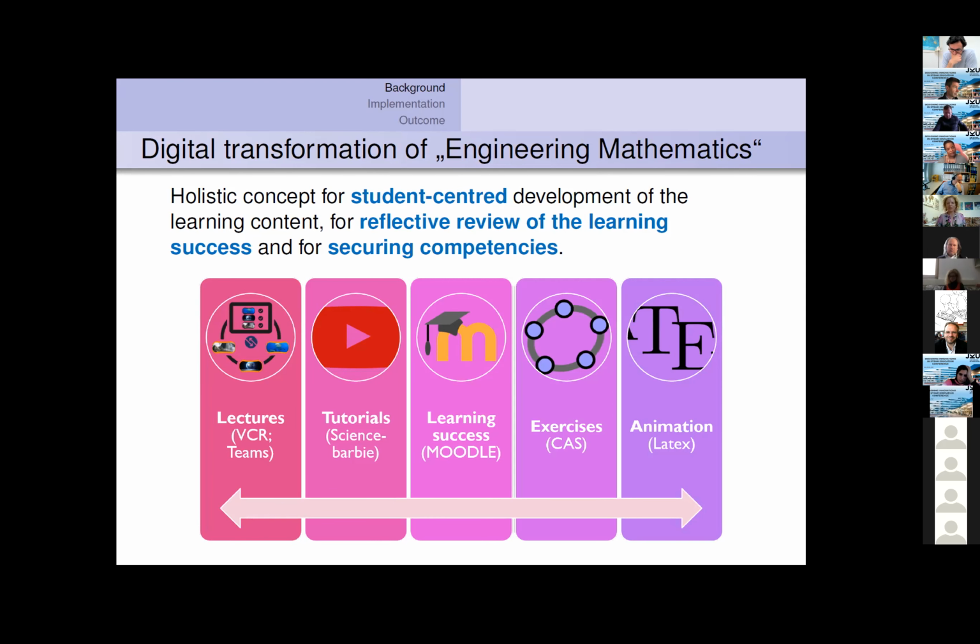We have tutorials that I produce on my own and that I publish on my YouTube channel, which is called Science Barbie. Then we use the learning platform Moodle to get an overview of the learning success. The students get exercises that they have to solve on their own with diverse computer algebra systems. And I generated animations of important theoretical theorems in mathematics that I incorporate into my LaTeX slides.